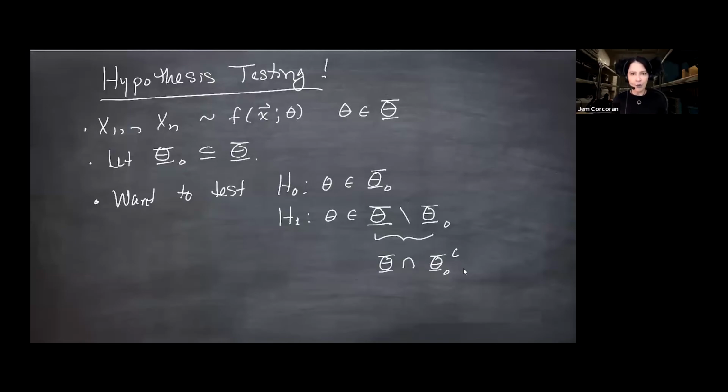And we want to test it well. We want to find the best test, the uniformly best test, the uniformly most powerful test. Okay, before we get started, I wanted to say that defining a test is the same as defining a rejection region.